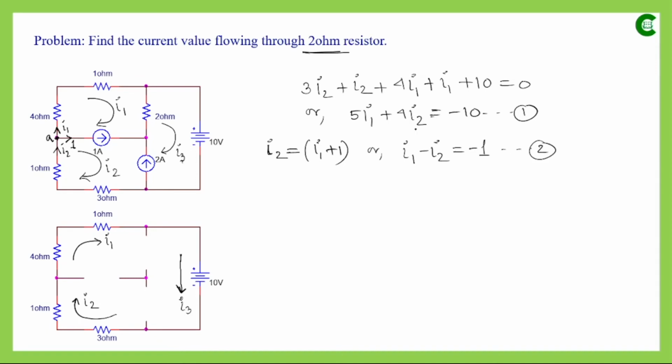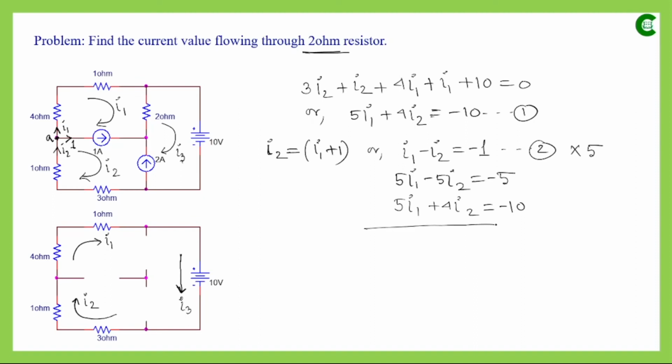Now in these two equations we have I1 and I2, so we can easily find their values. Suppose we multiply this equation by 5. The new equation will be 5I1 minus 5I2 equals minus 5. The first equation was 5I1 plus 4I2 equals minus 10.